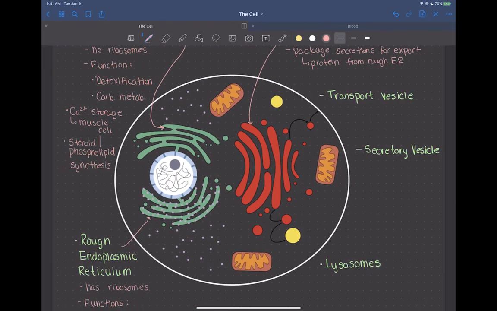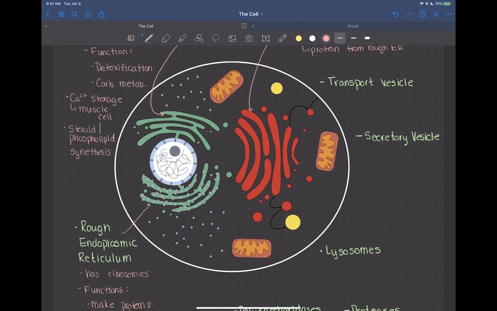Okay, so there are two types of vesicles that can come off of the Golgi. You can have a transport vesicle, and a transport vesicle is going to go between compartments or organelles within the cell.